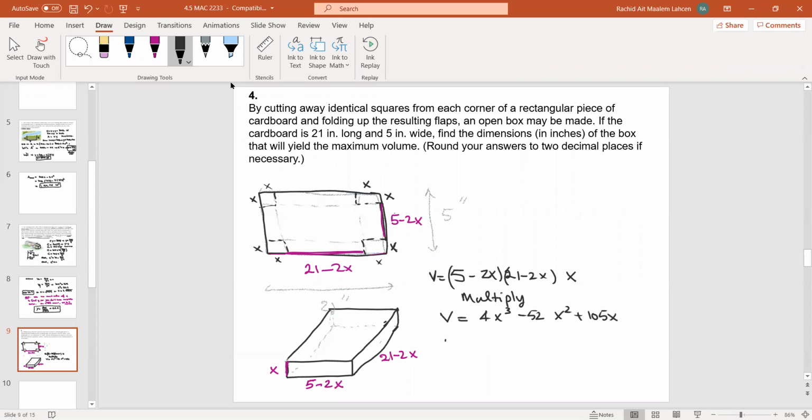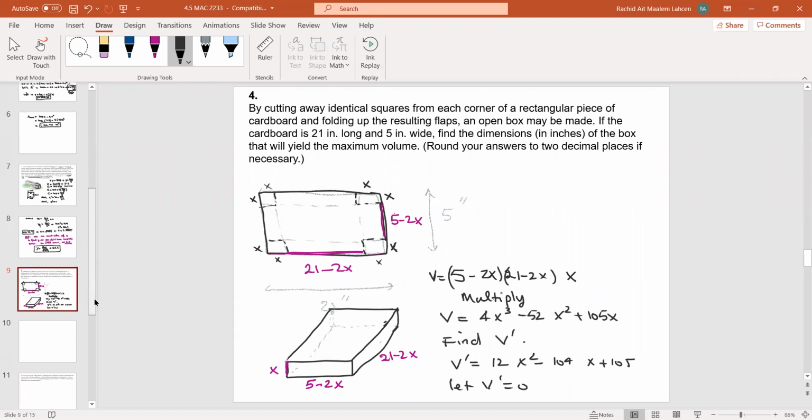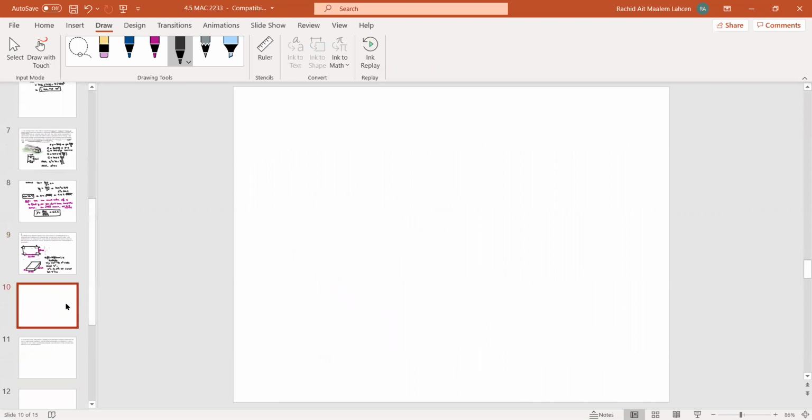And you know that we need to find v prime after that, which is going to be 12x squared minus 104x plus 105. And let it equal 0 to see if we're going to find that number there.